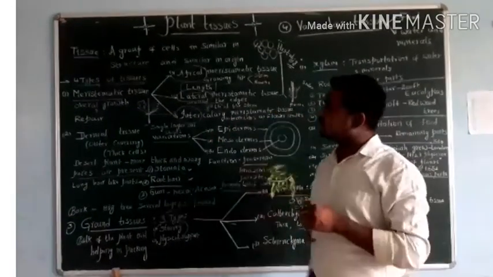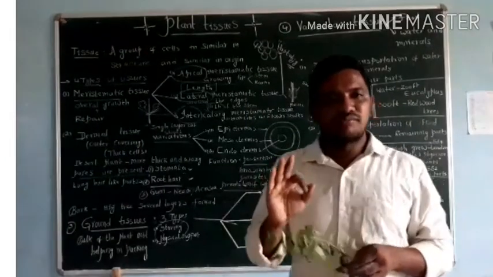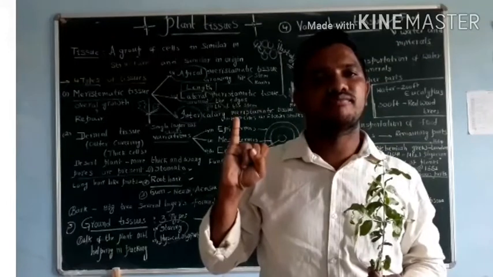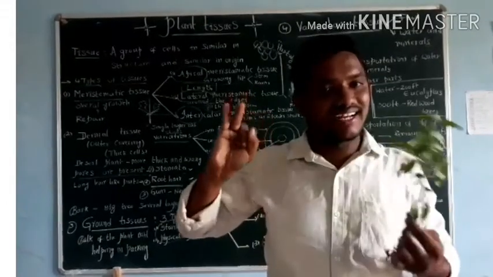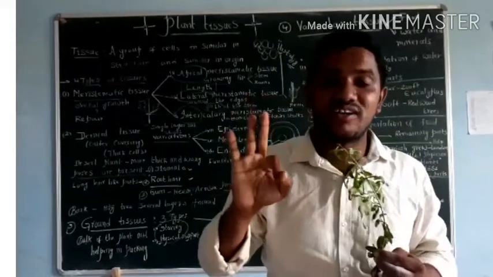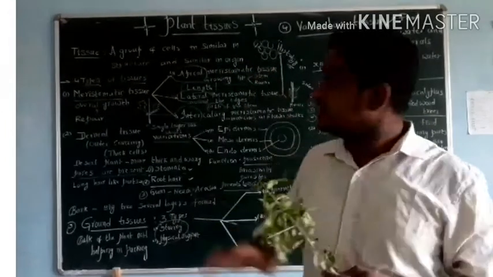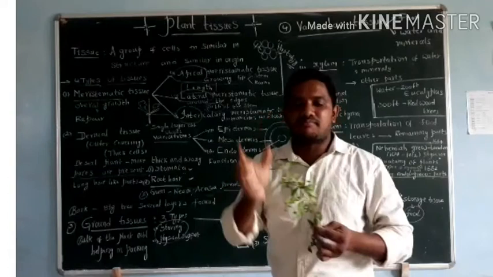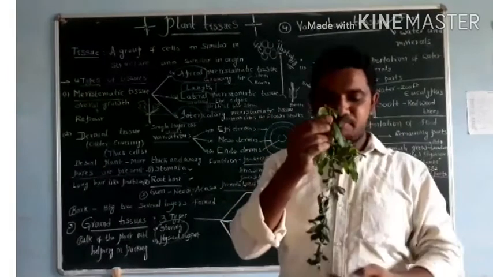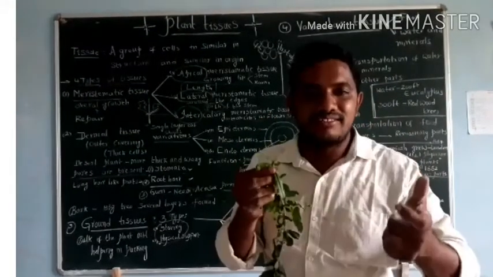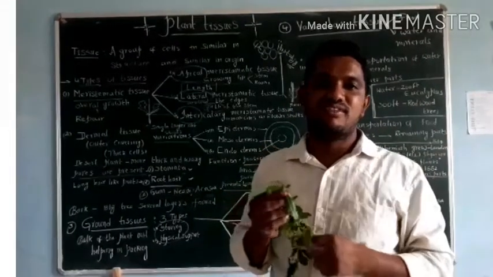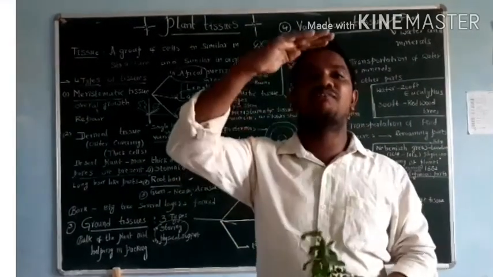Remember, there are three kinds of meristematic tissues: apical, lateral, and intercalary. Apical refers to the tip of the root and stem, which contain apical meristematic tissues that help in the length of the plant.